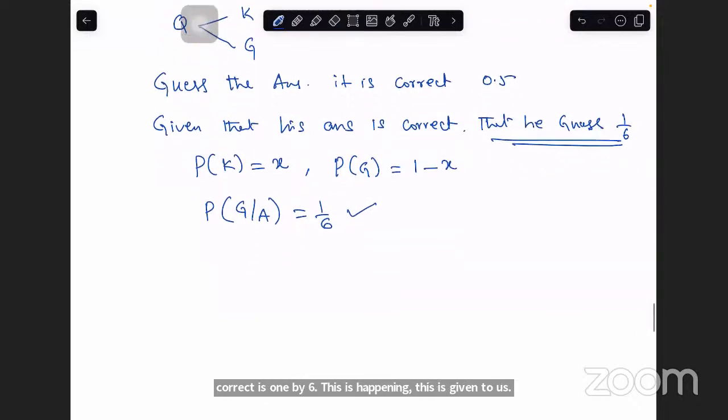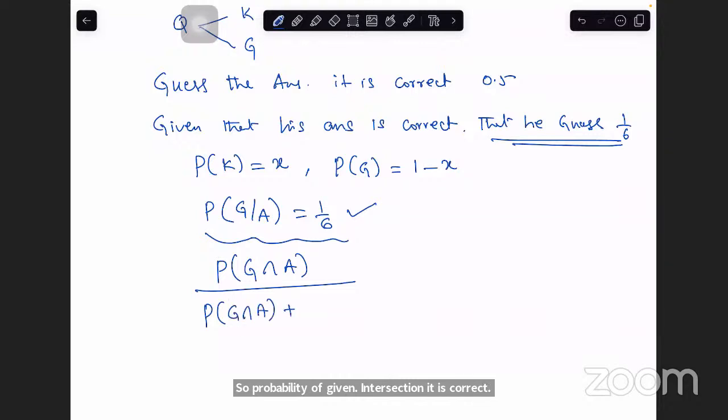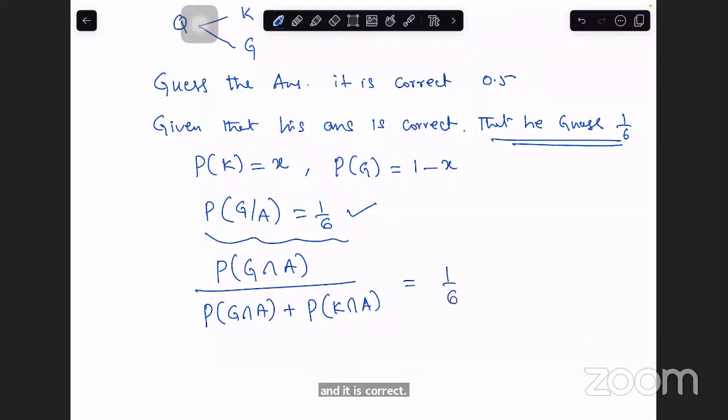If I apply the conditional probability theorem on this, the probability of guessing intersection correct, divided by the probability of guessing intersection correct plus knows and it is correct, is 1/6.